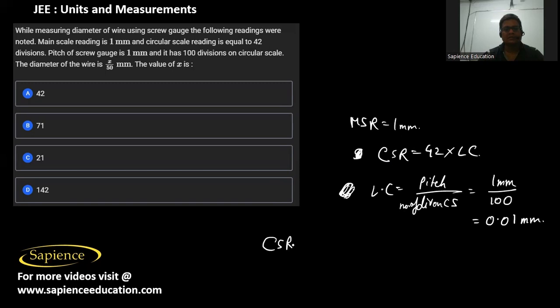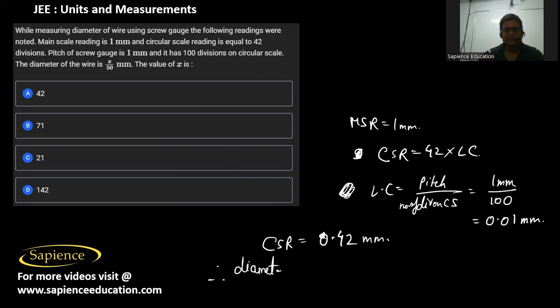The circular scale reading will be equal to 0.42 millimeter, and it is told that the diameter of the wire is x by 50 millimeter. Then the value of x is?